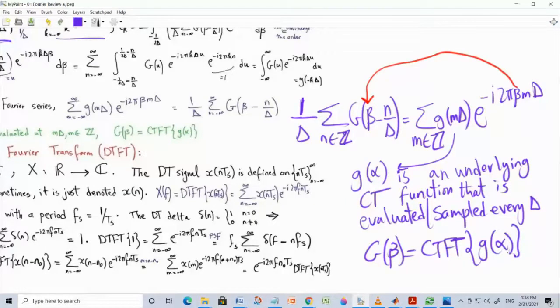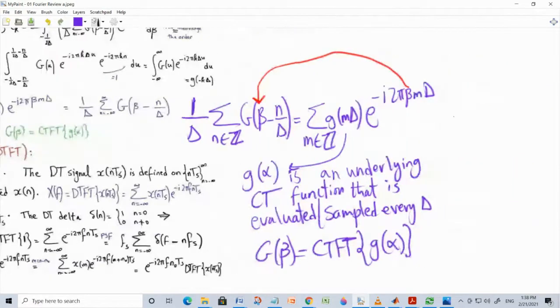So basically, we have a function and its Fourier transform appearing in this peculiar way. On the one side here, we have the function in the time domain sampled every big delta. In fact, this quantity here is by definition the DTFT of the sequence g of m delta.